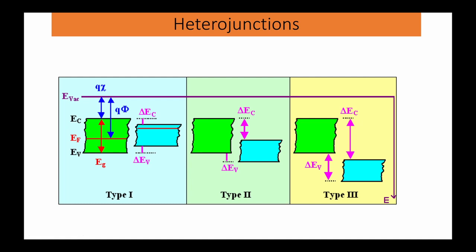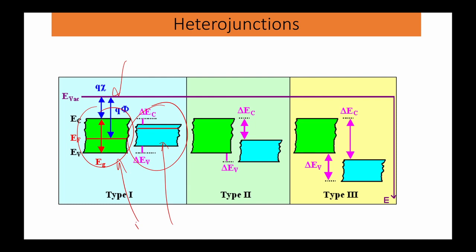Heterojunctions come when we join two different types of semiconductors. This is semiconductor one, and this is semiconductor two.